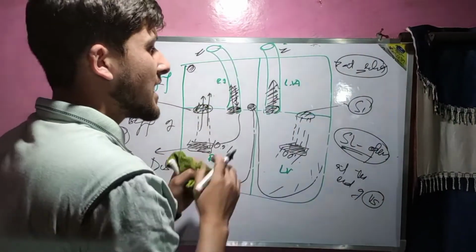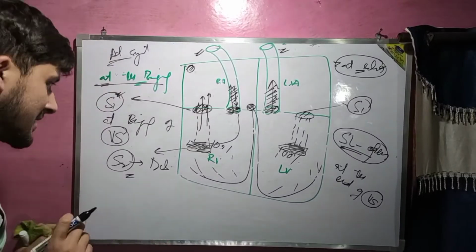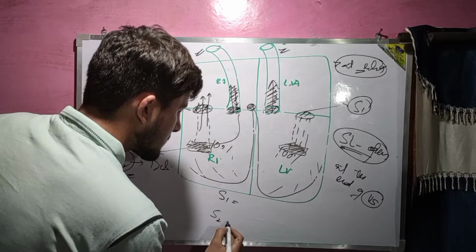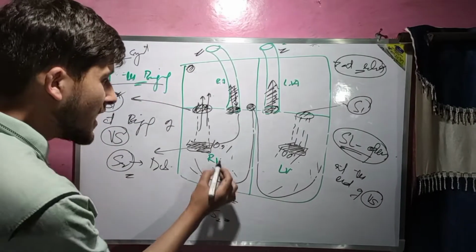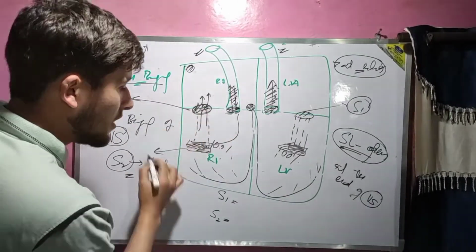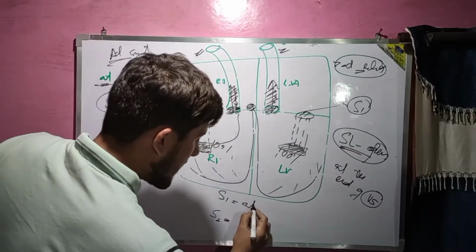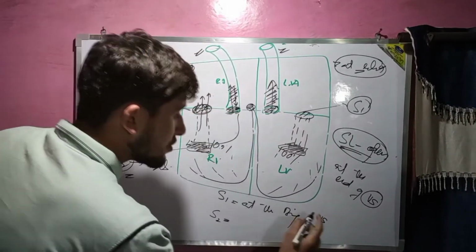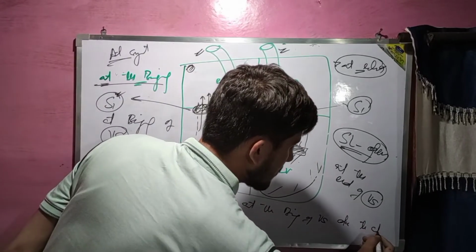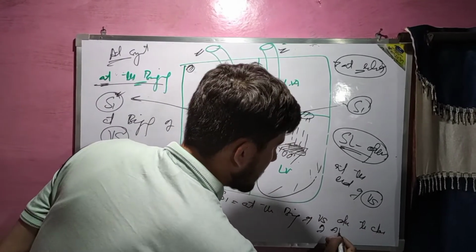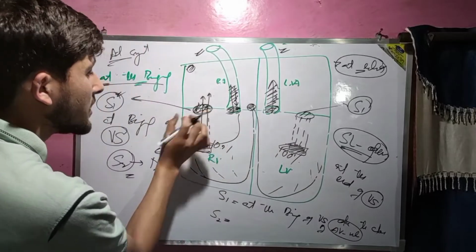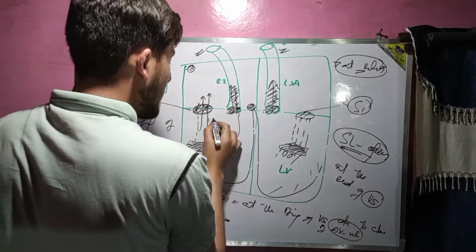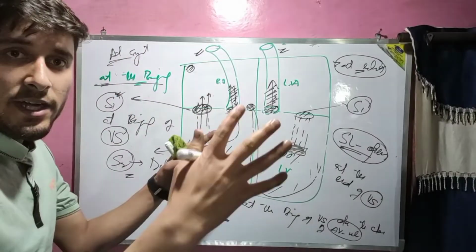At this time, S2 sound is produced. That's why we can say that two sounds are produced: S1 sound and S2 sound. S1 sound is produced at the beginning of the ventricular systole, due to the closure of AV valves; at that time the AV valves closed. Now S2 sound is produced at the end of the ventricular systole.